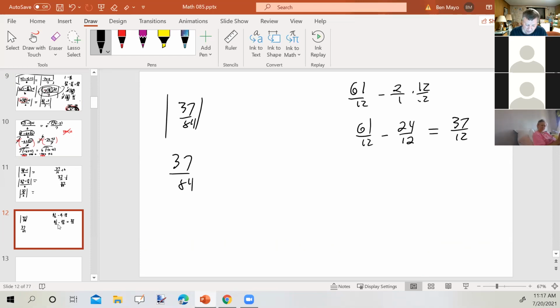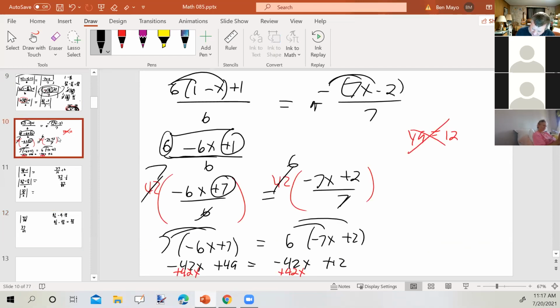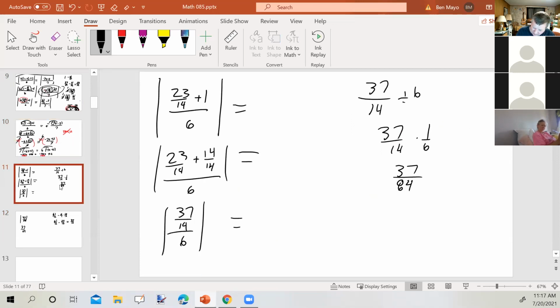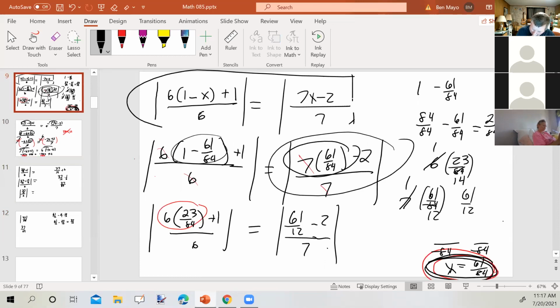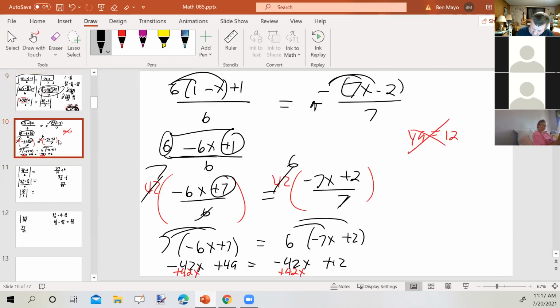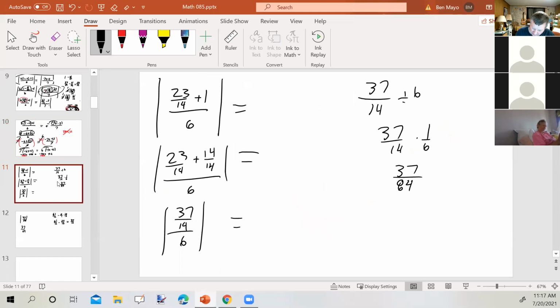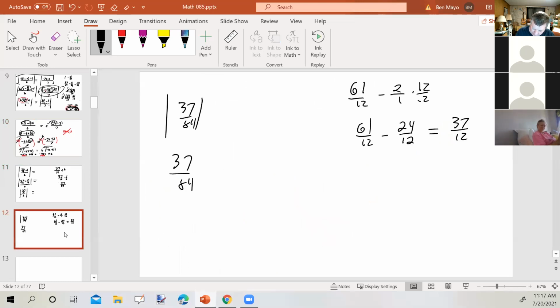Okay. But that was just, let's see here. I'm really lost. I'm sorry. That's 37 over 12, but then that was also over 7, right? So I have 37 over 12, but that was all over 7.